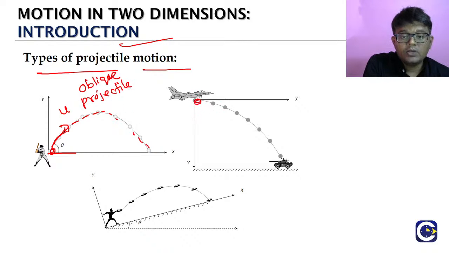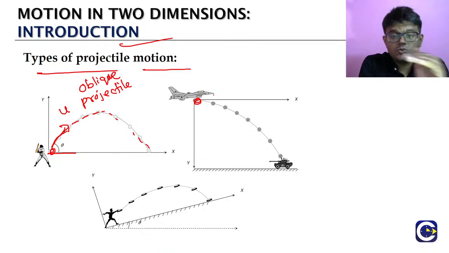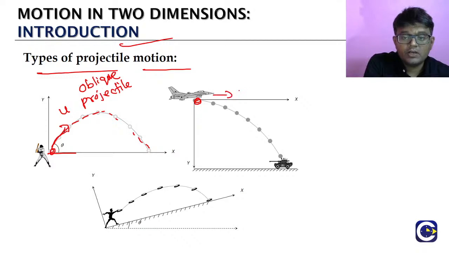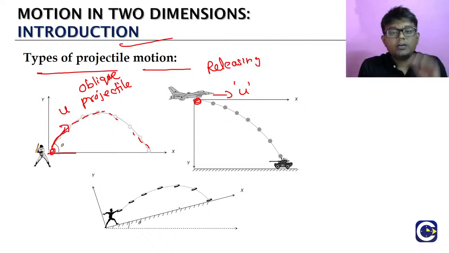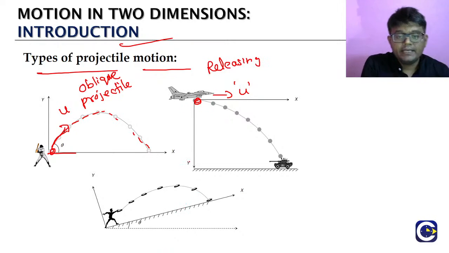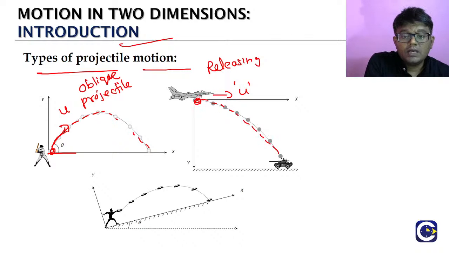Okay, and you have seen, if there is an aeroplane which is going horizontally with some velocity u, it is releasing an object. If you are releasing an object from a moving body, the velocity of that object initially will be equal to the velocity of the moving body. Means, as in the previous discussion, if we are releasing a bomb from that aeroplane, the velocity of the bomb will be equal to the velocity of the aeroplane, which will be horizontal.